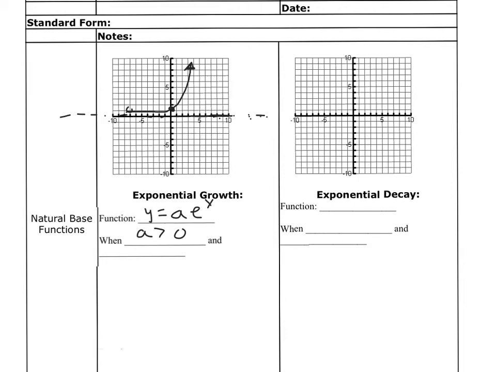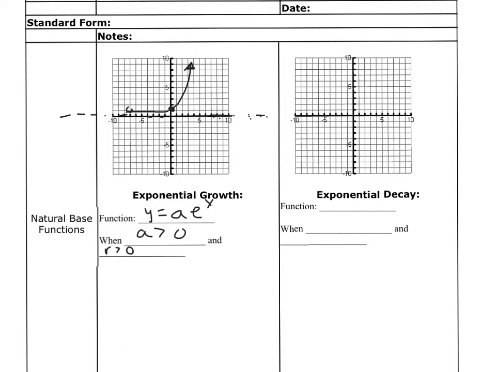It'll get close to it, but it will never cross it, okay? Now, also something to note is that the r value, not only does a have to be greater than 0, but the r has to be greater than 0. And that's a key point, is that the r has to be greater than 0 and the a has to be greater than 0 for the graph to look like this.